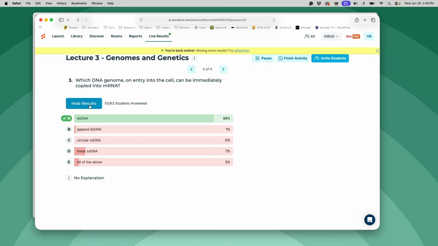Most of you got double-stranded DNA. That's the first answer. That's correct. Only double-stranded DNA can be immediately copied into mRNA. The others have to be fixed first, right? The gapped DNA has to be repaired. The linear single-stranded has to be made double-stranded. So that's the only one that can be directly transcribed into mRNA.